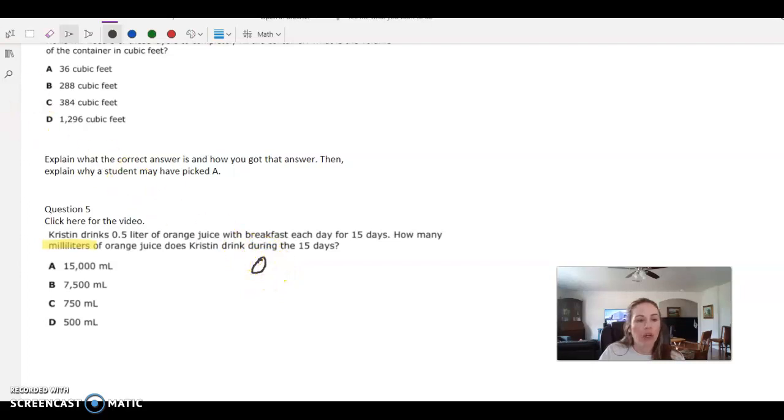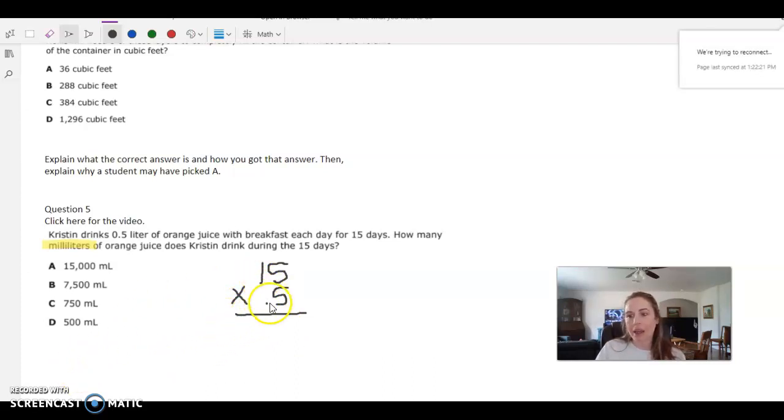So I am going to do this. When we're multiplying decimals, do we line them up? No. We ignore them until the end, which means I am acting like I'm multiplying 15 times 5.